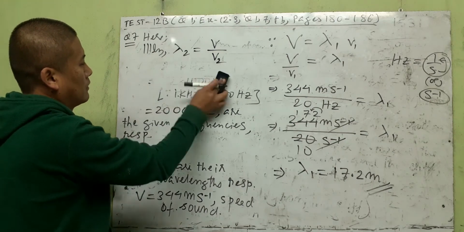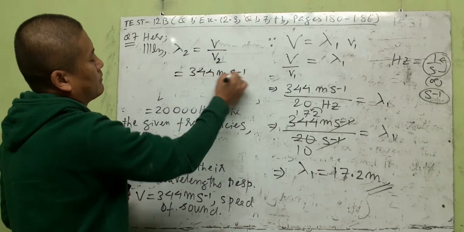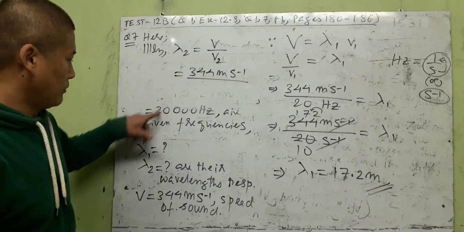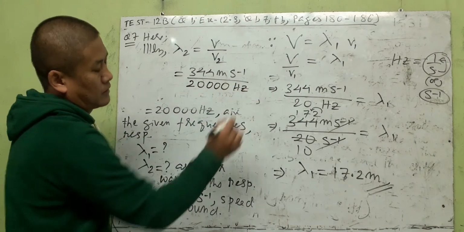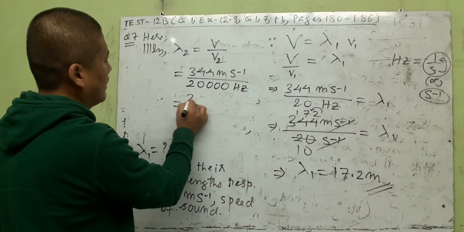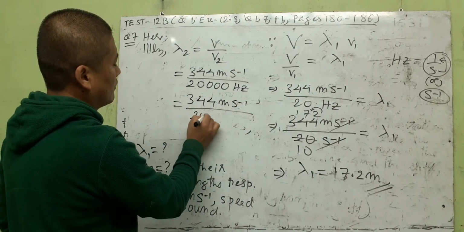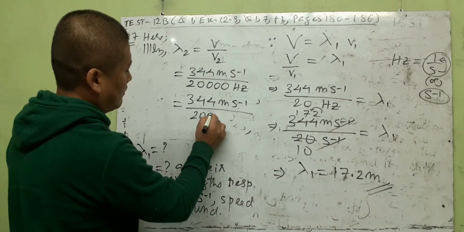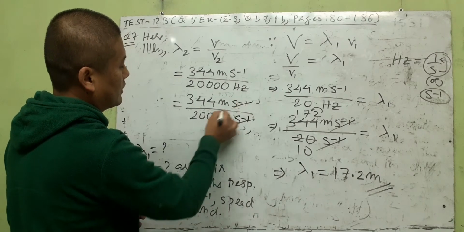So 344 meter per second, which is the same for both cases, and the second frequency is 20,000 hertz. Just like before, hertz is the reciprocal of time, second, so hertz means second to the power minus 1, and these cancel.